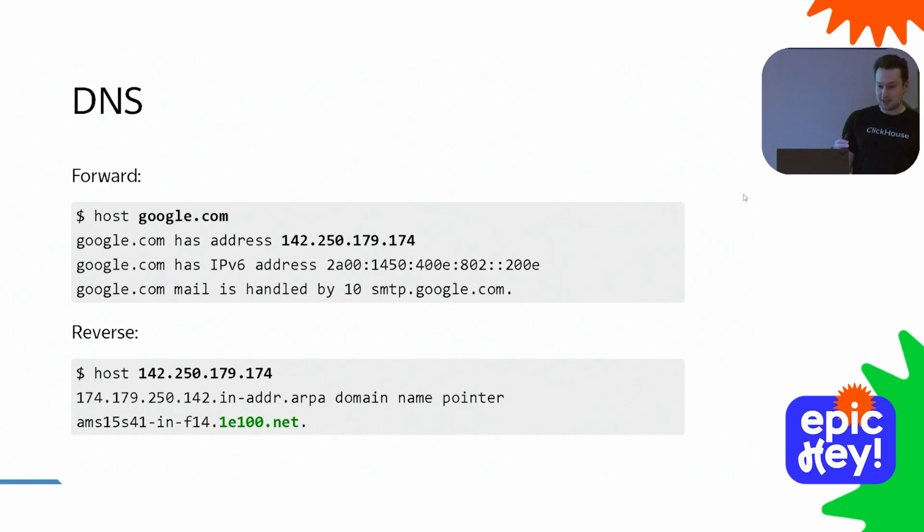You can take the address, type host with this address, and get some name. And for Google, you will get a name like something.1e100.net. Interesting, why is it not google.com? Why 1e100? Yeah, exactly. It is just another name for Google.